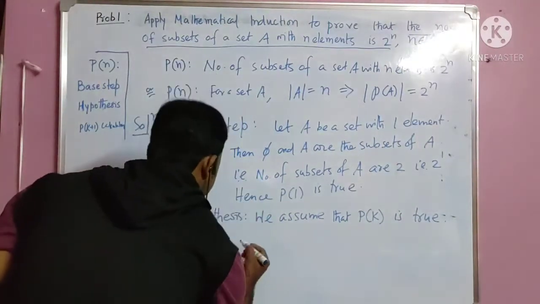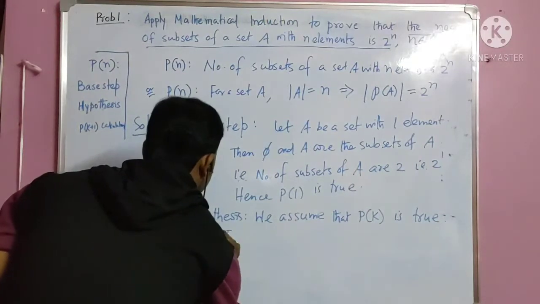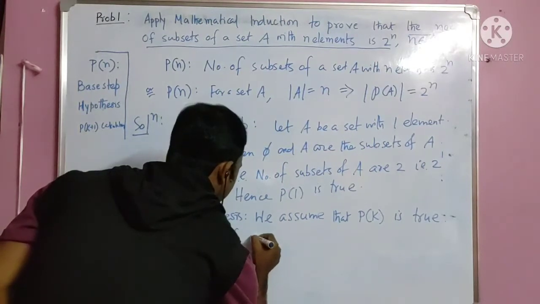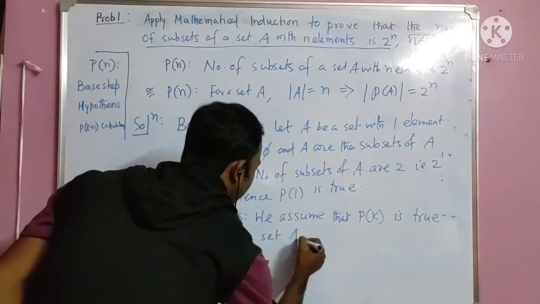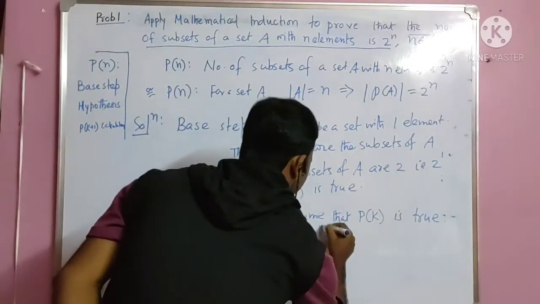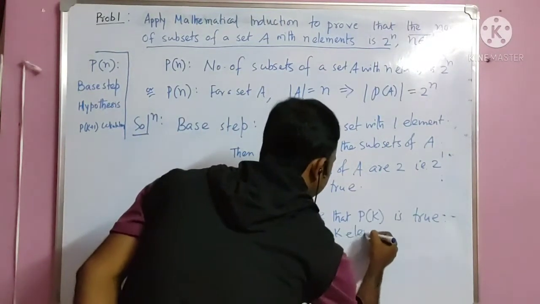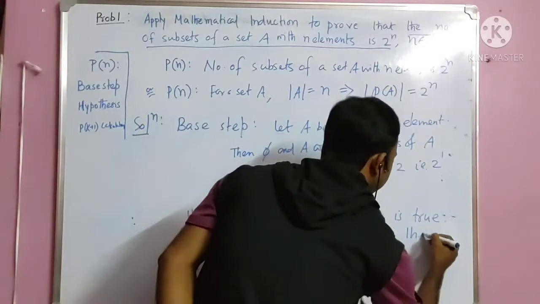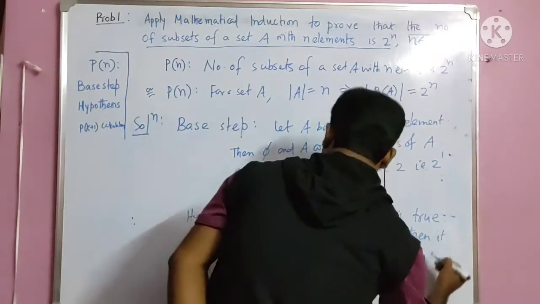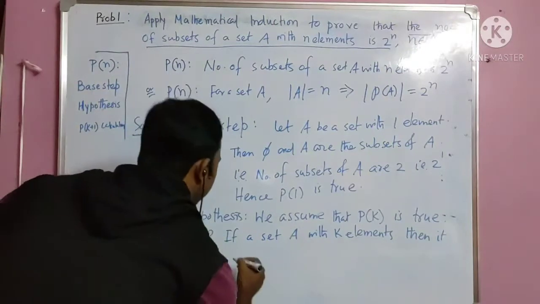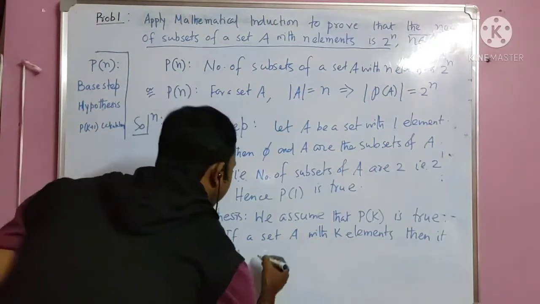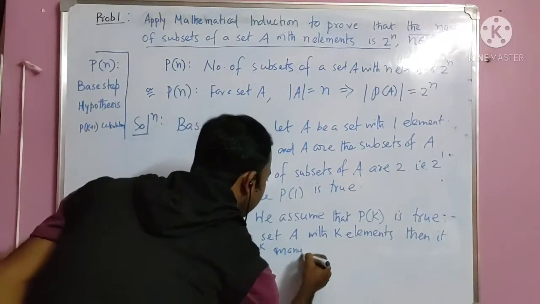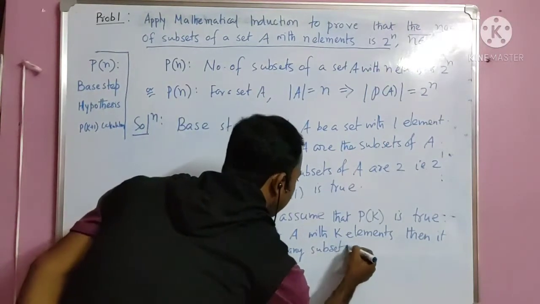P(k) is true means that if a set A has k elements, then it has 2 to the power k subsets.